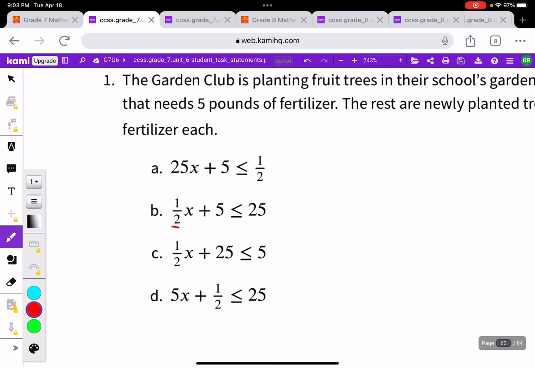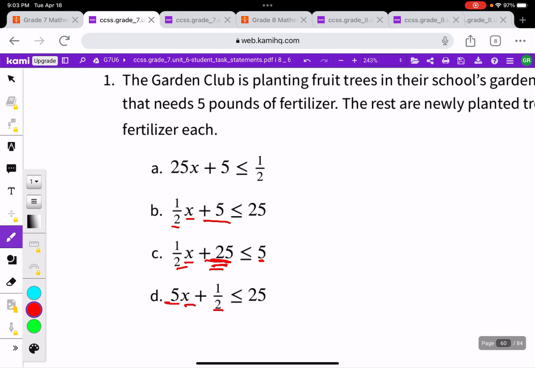A half times something, a half times however many plants there are, that makes sense. Plus 5 pounds of fertilizer for that one tree. If it's one tree, I can just say plus 5. So that one seems correct to me. C says, again, I don't see this plus 25 yet. I see this half x. Less than 5, I don't see that. 5 times something plus a half.